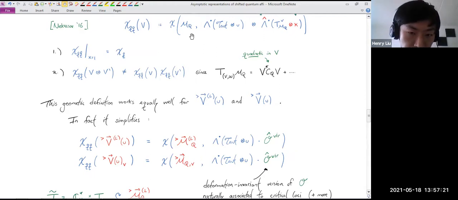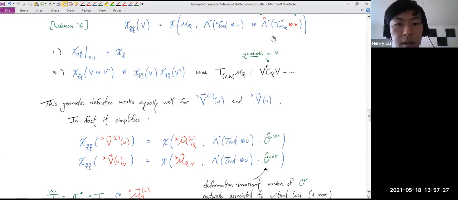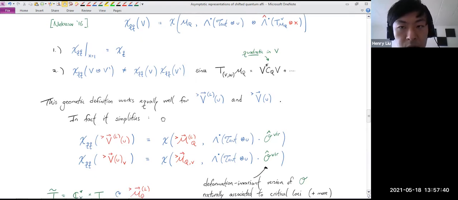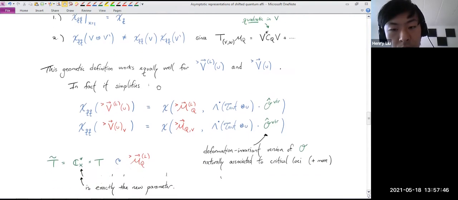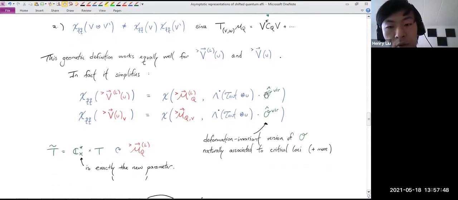And in fact, we can simplify what's happening in the QQ character quite a bit, because it turns out that this extra factor, this wedge of the tangent sheaf, is very intimately related with a thing called the virtual structure sheaf, which is associated to our critical loci.